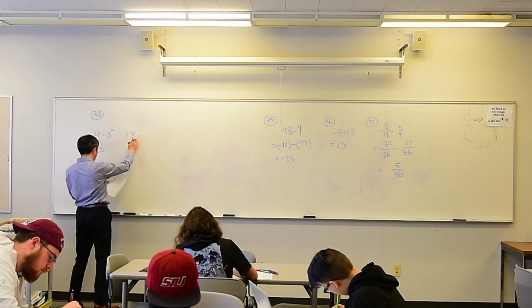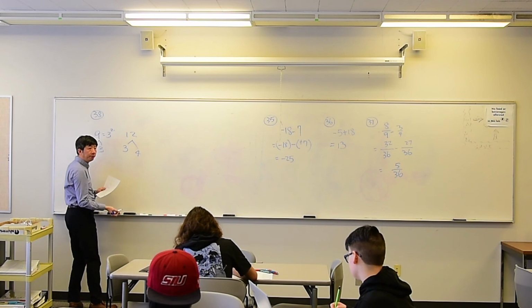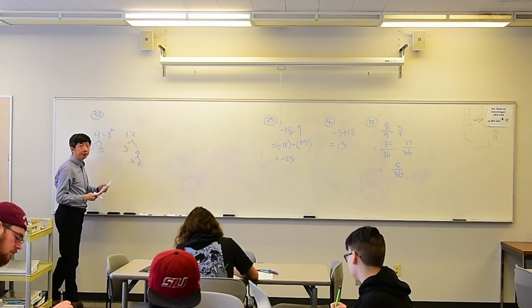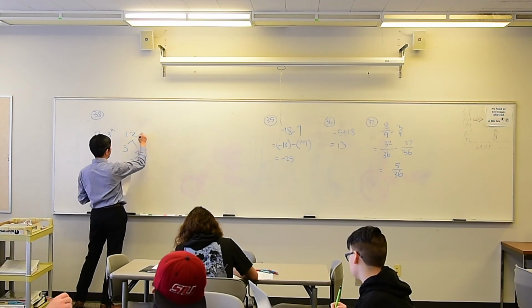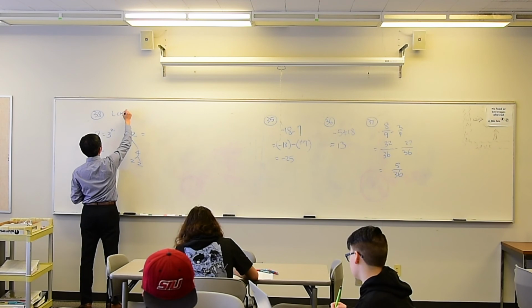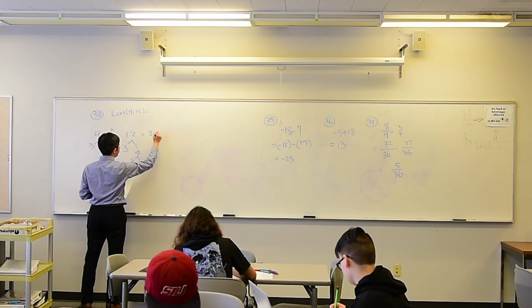And then 12 is 3 and 4, and 4 is 2 and 2, so we write this as 3 times 2 squared, right?